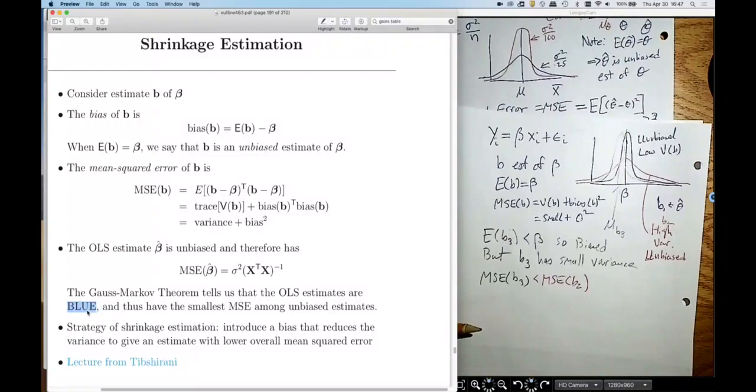So we cannot do better than OLS in terms of producing a low variance estimate, but this doesn't mean that it has the lowest mean squared error. In fact, a very famous theorem called the ridge existence theorem says that there exists a ridge estimator that beats OLS on mean squared error. So it's biased, but it has lower mean squared error. And so we're going to be exploring these biased estimators this chapter.